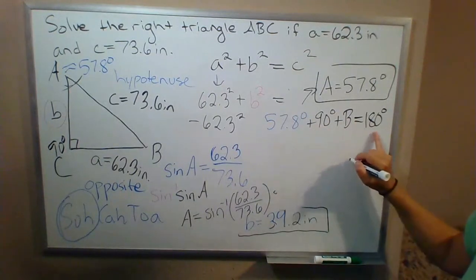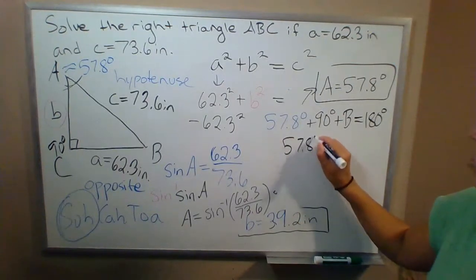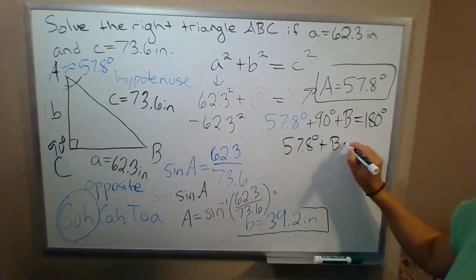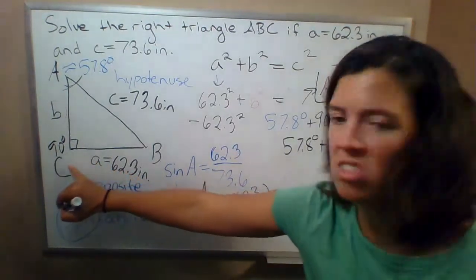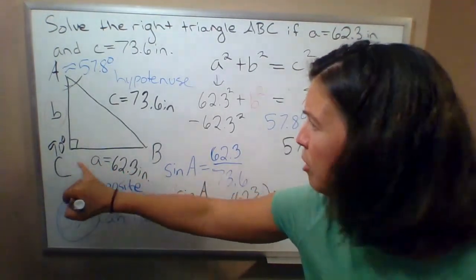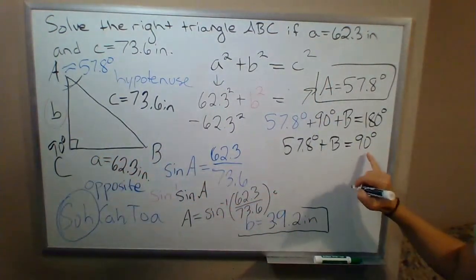If I subtract 90 from both sides, that means 57.8 degrees plus angle B should total 90 degrees. Which makes sense. If this C is taking up 90 degrees of the 180, then the sum of A and B must be 90. So that's what I have here.